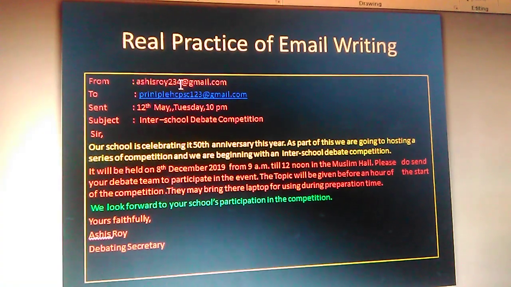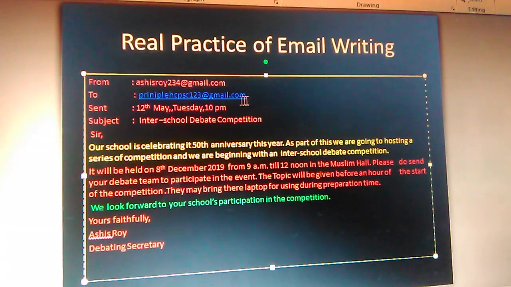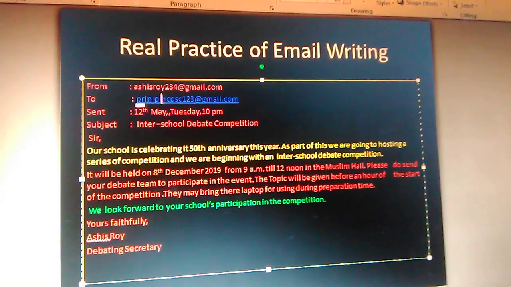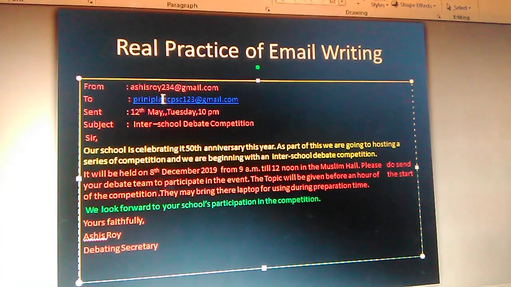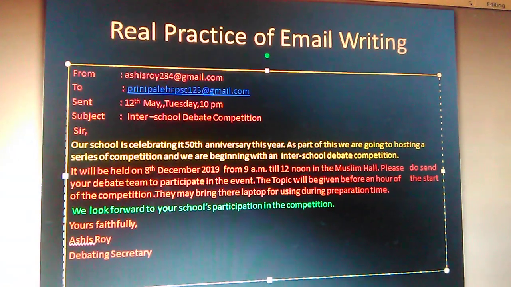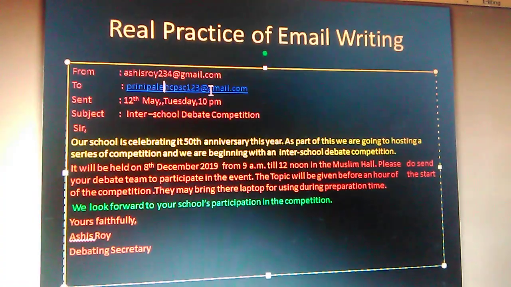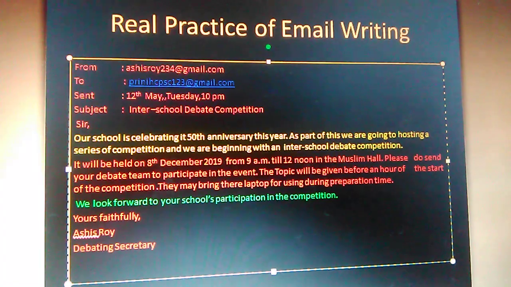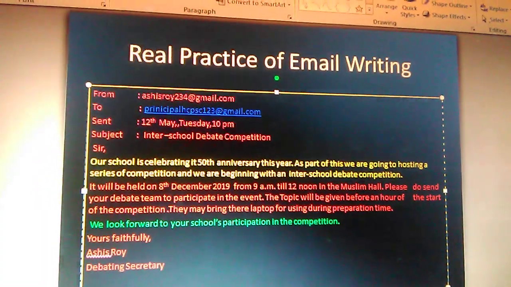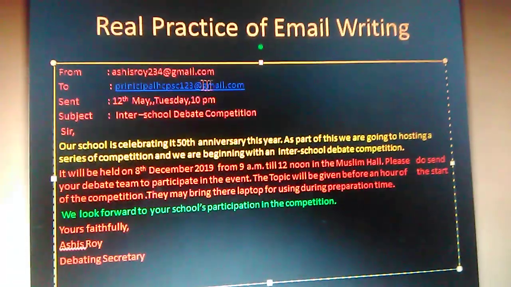There will be letters and numbers in combination. And this is also an email address: principal Halishwar Cantonment Public School and College 123@gmail.com. It will also be written in small letters with a combination of numbers.